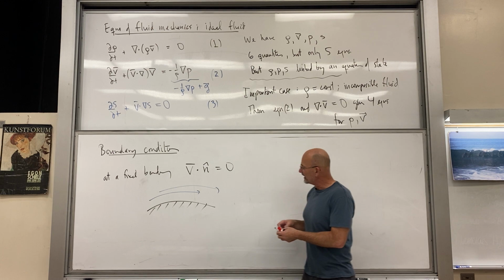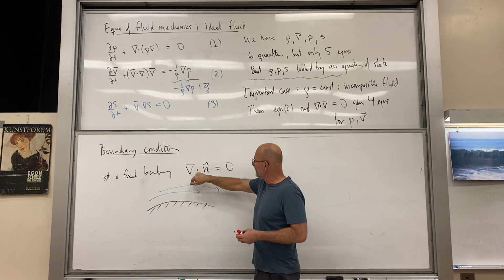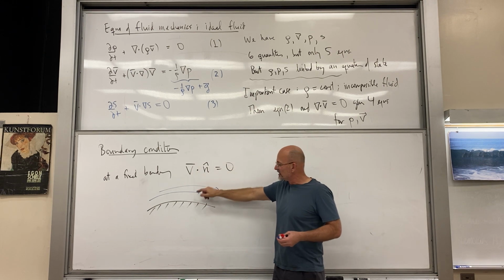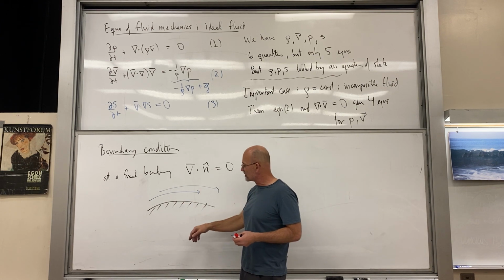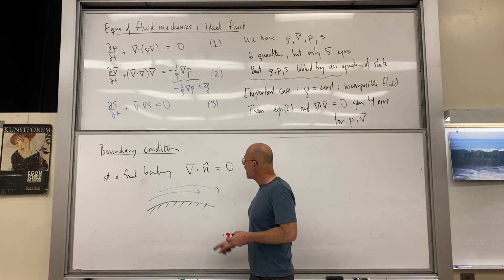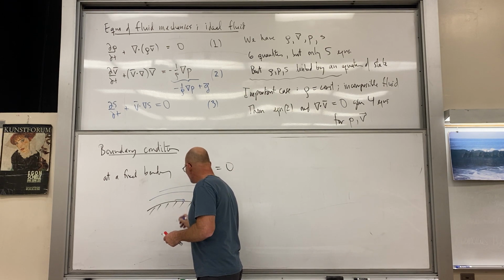What that means is that the component that's in the direction of n hat vanishes at the boundary. Okay, and that seems kind of trivial. V sub z, or if that's the z-axis down, that V component vanishes, but the horizontal component does not vanish.